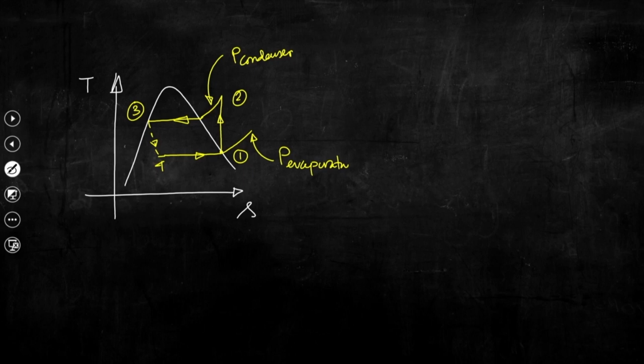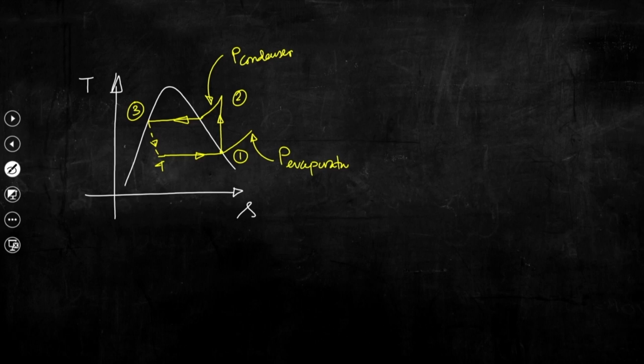Those processes may not be externally reversible, but we could map all those processes assuming that they are internally reversible, and hence we could use a solid line. But in this particular case, since throttling is a process which is not internally reversible, that is why this process is shown by this dotted line.